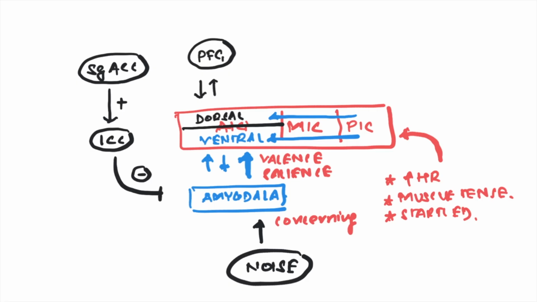Now, the anterior insular cortex is going to integrate these interoceptive signals and the exteroceptive signals with the valence and salience information from the amygdala. What the anterior insular cortex now is going to do is say, yes, it's concerning because the heart rate is increased, there's an increase in the muscle tension, and you are startled.